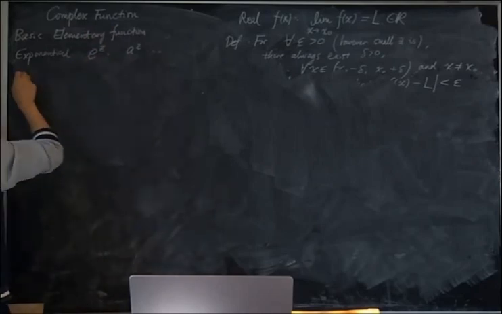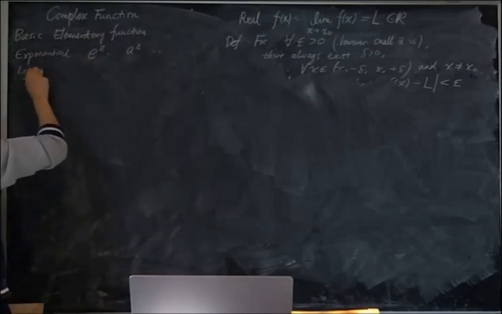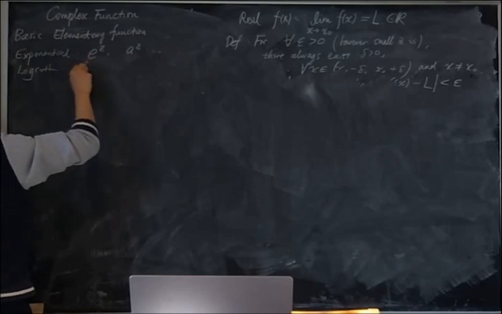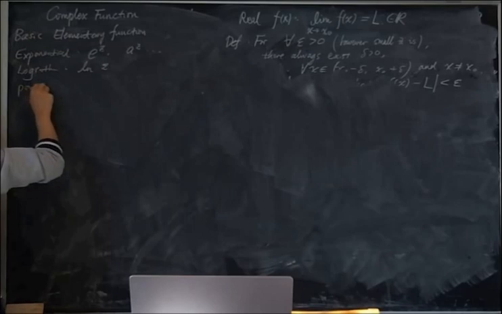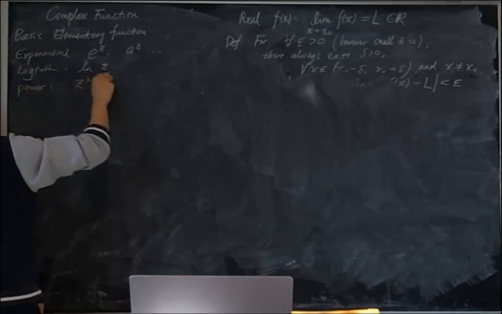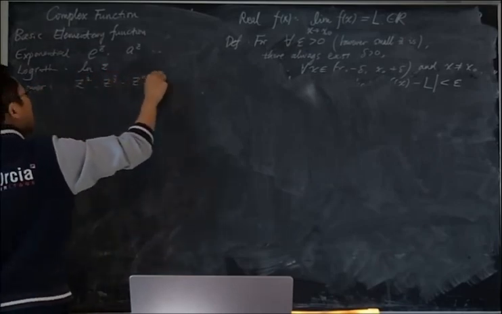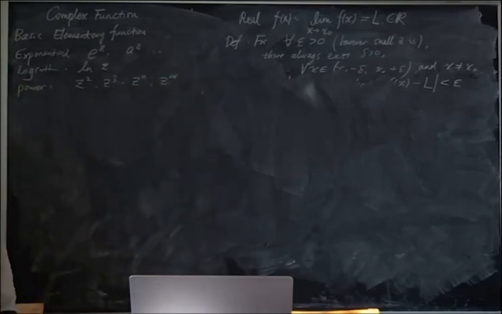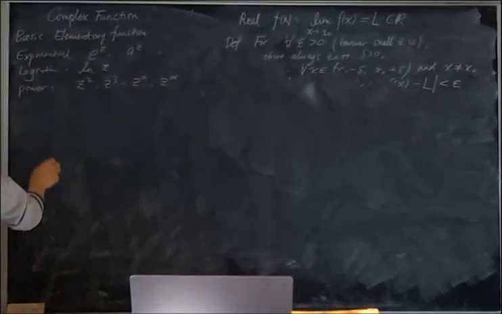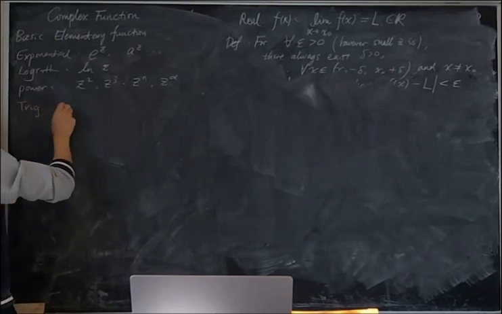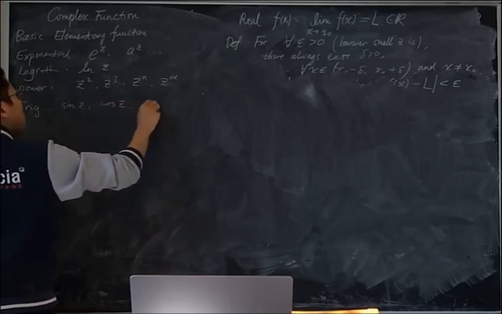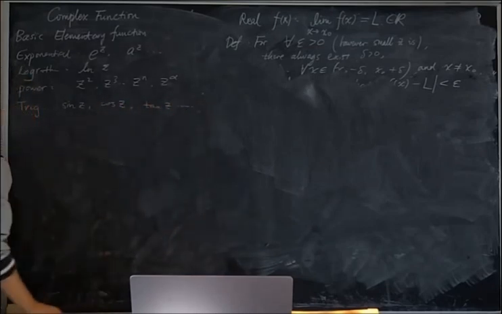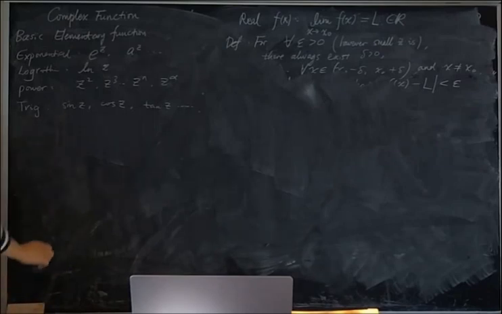We may have logarithm, like ln of z, for example. We might have power, z to the 2, z to the 3, z to the n, or even z to more arbitrary numbers. And we, of course, could have trig functions, sine z, cosine z, or even tangent z, or whatever. And we can have a lot of functions.